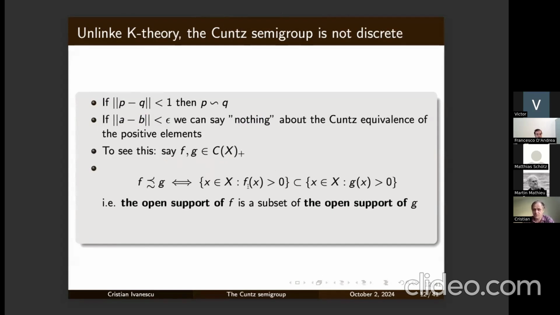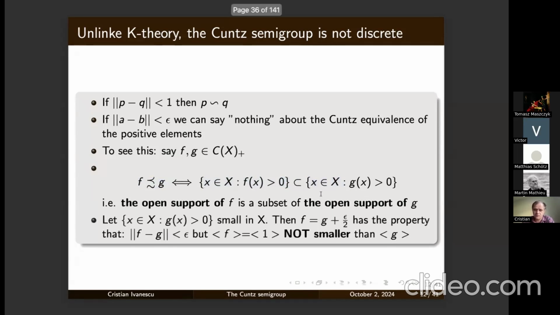This can be checked using the so-called open support: if I look at the set where f(x) is strictly positive, this is a subset of the set where g(x) is strictly positive. So one can check that the Cuntz subequivalence at the level of continuous functions amounts to showing that the open support of f is a subset of the open support of g. Now, with this in mind, I can now actually show.